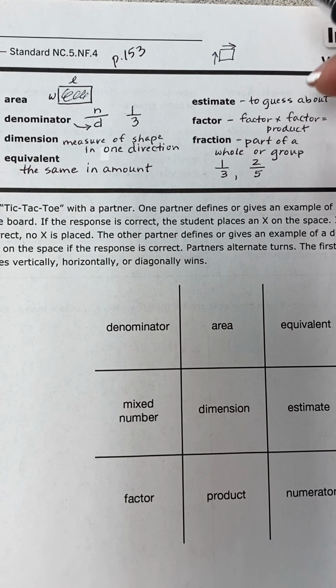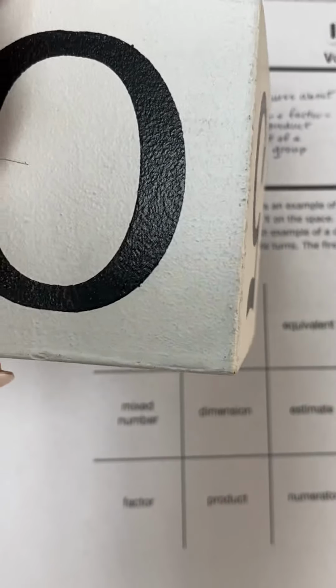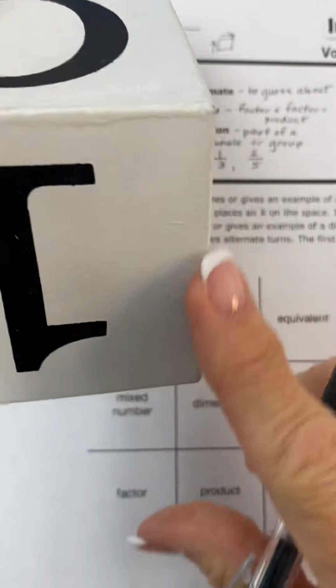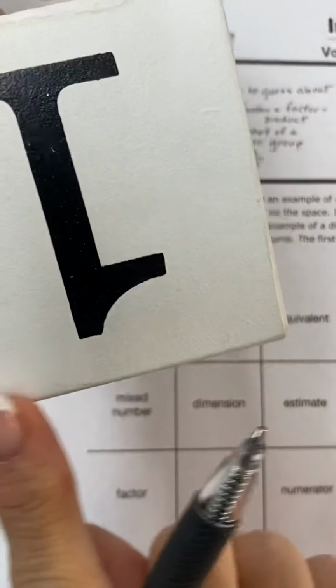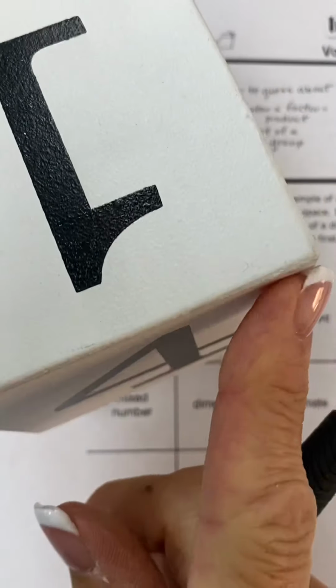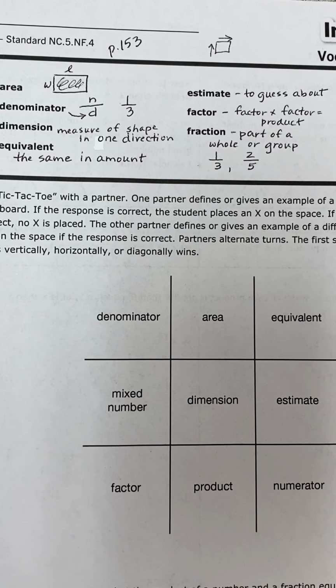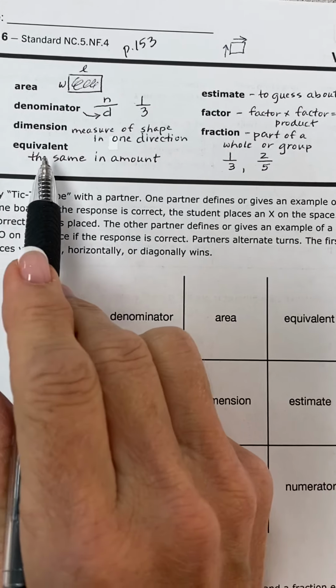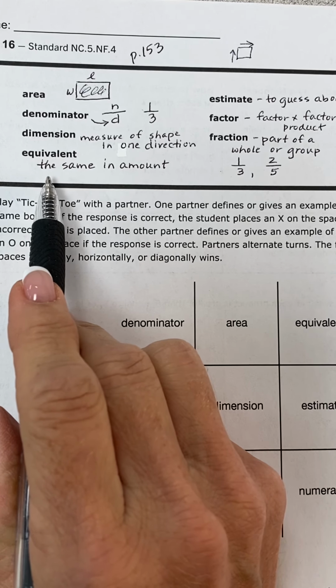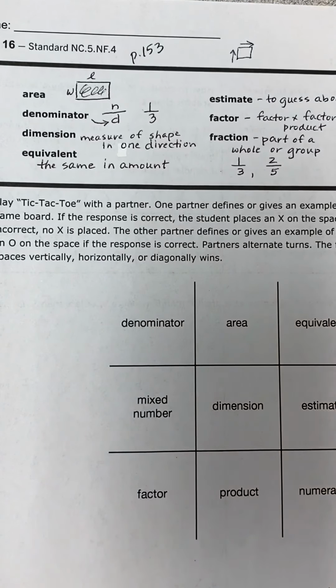And then if you had maybe a cube or something like this number cube, then you would add the height to it, how high it is. Remember, you would do the base, what it sits on, your length and your width, and then your height. So that's dimension.